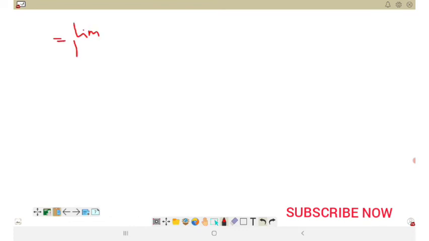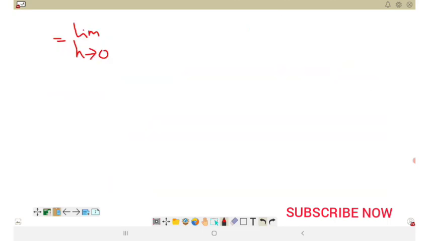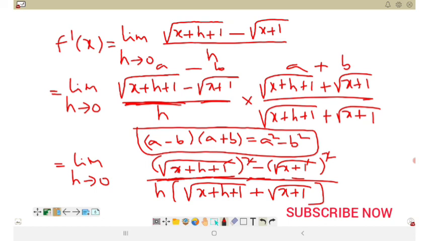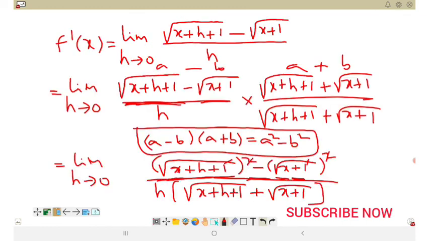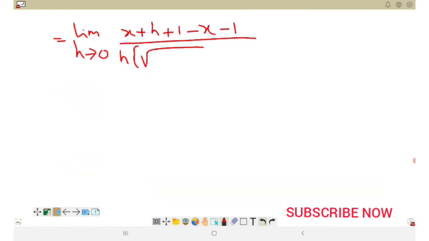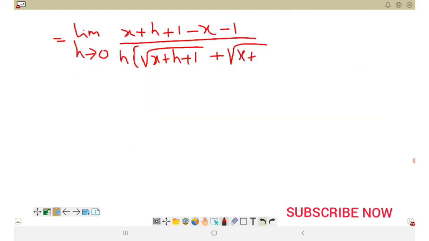Limit h tends to 0, x plus h plus 1 minus x minus 1 by h into root x plus h plus 1 plus root x plus 1. So plus x minus x cancel, plus 1 minus 1 cancel, h and h cancel.